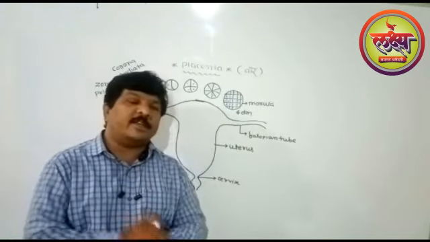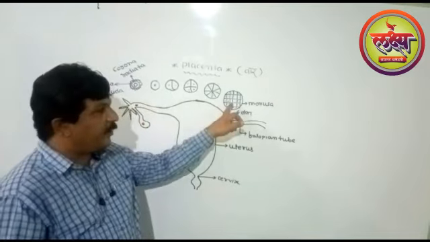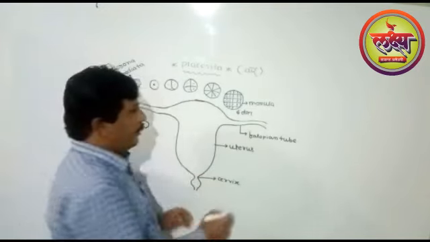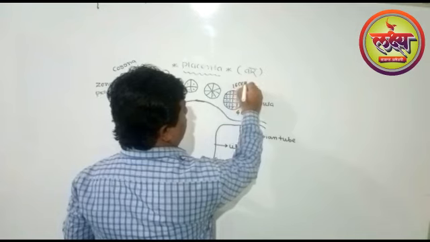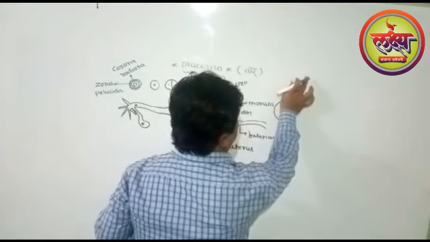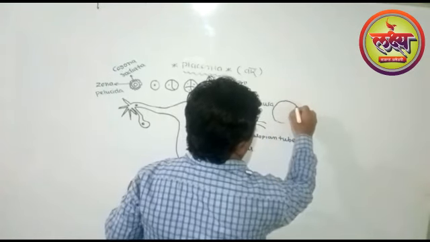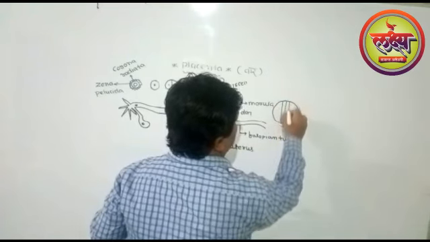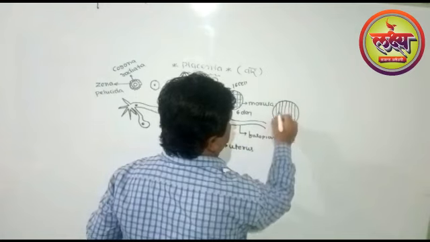That 32-cellular structure is called the blastula.